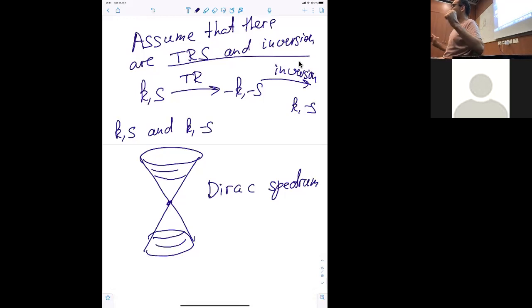Now, if we don't want to have full degeneracy for the touching point, but rather limit ourselves to a degeneracy of 2, which is called a Weyl spectrum, we need to kill one of these two symmetries, either time reversal or inversion symmetry. So we need to decide what we want to kill.